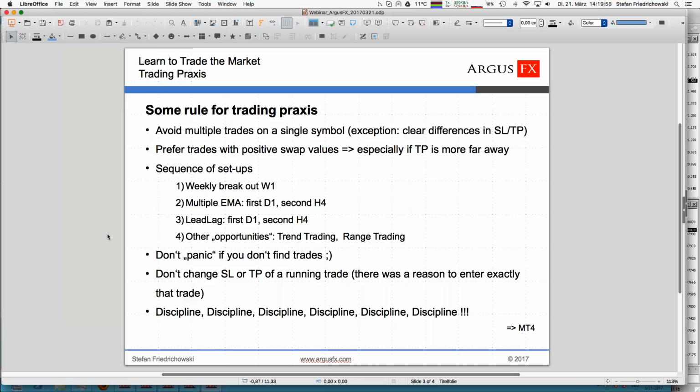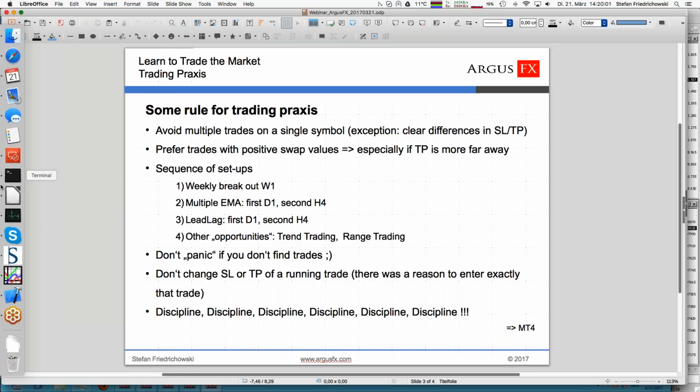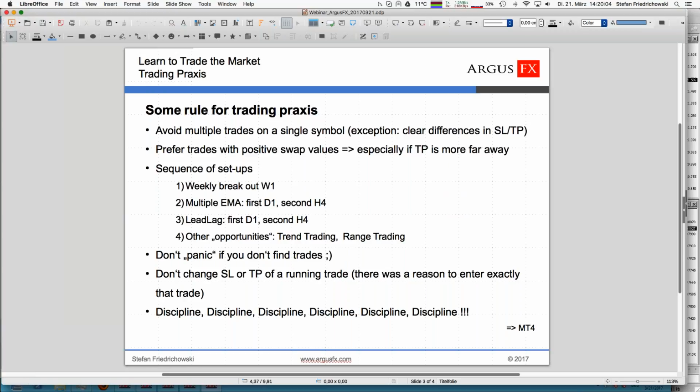But now, of course, we want to practice a little bit more with those setups, and I will simply follow the sequence as mentioned here, starting with weekly breakout and so on and so forth. Maybe I will skip some trades if we found them, because I want to go during the last 40 minutes through all 3 trading setups.